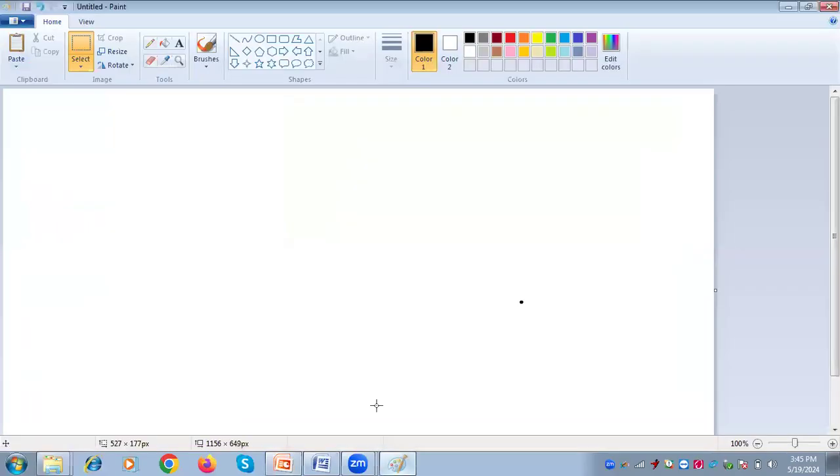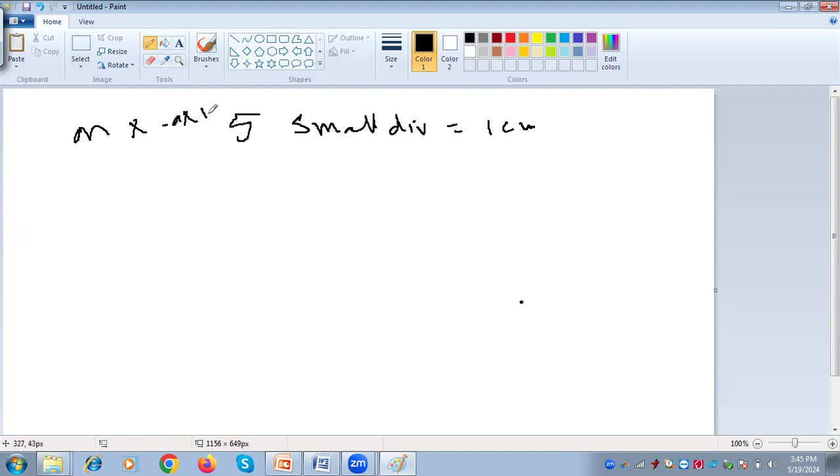What is chosen? 5 small divisions equal to 1 centimeter. This is on the x-axis. Okay, let us see what scale is chosen along the y-axis.